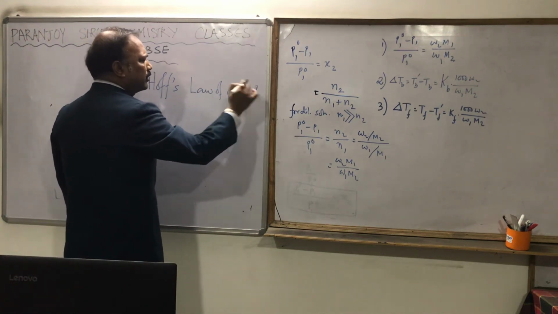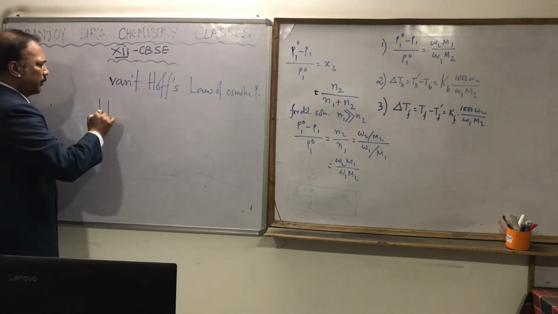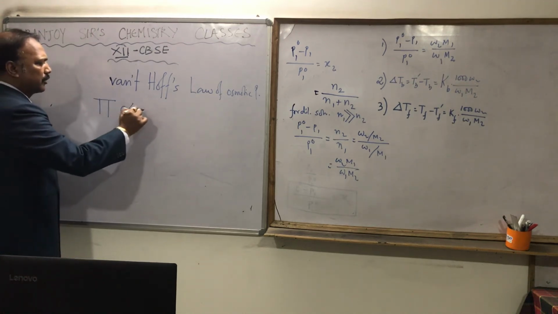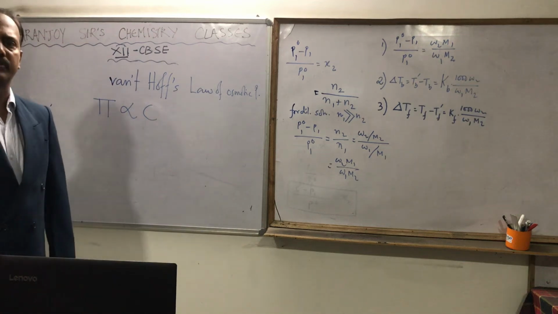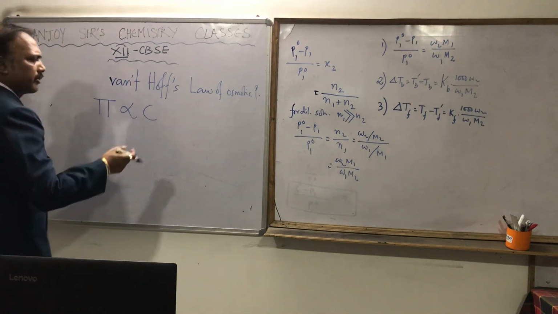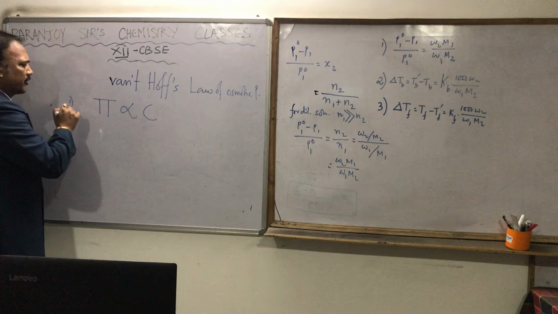What he found, the first one: osmotic pressure of a solution is directly proportional to the concentration of the solution. More the concentration, more is the osmotic pressure. That's the first Van 't Hoff law.